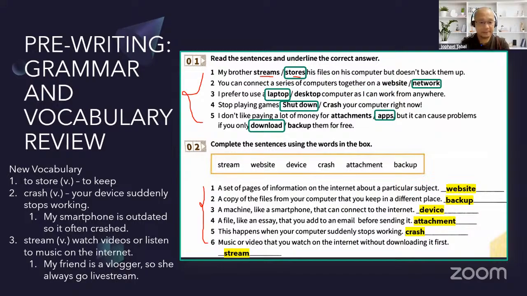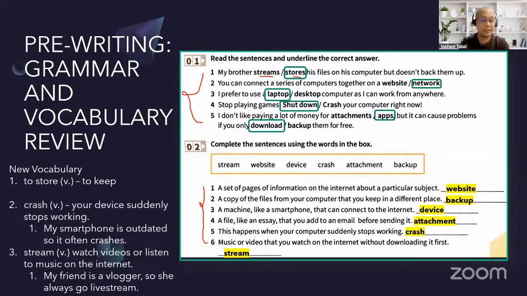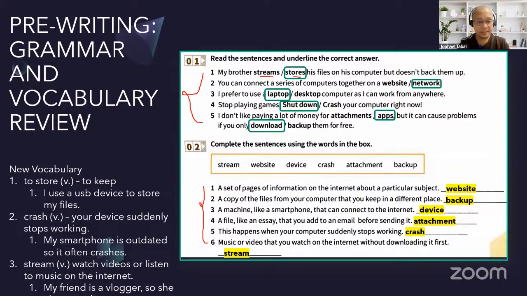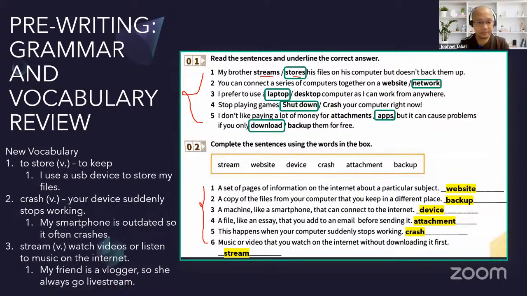So bad, right? And to store means to keep, okay? So for example, I use a USB device to store my files, okay? So to store here means to keep, all right?